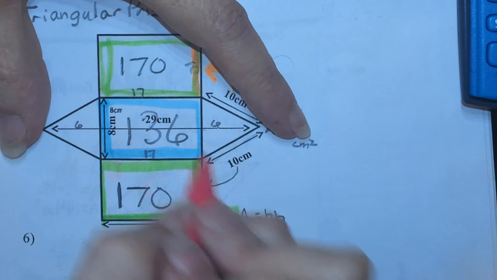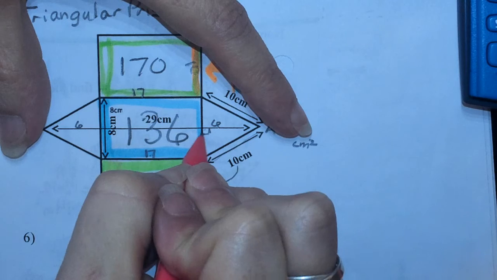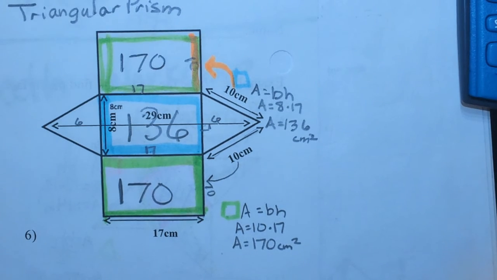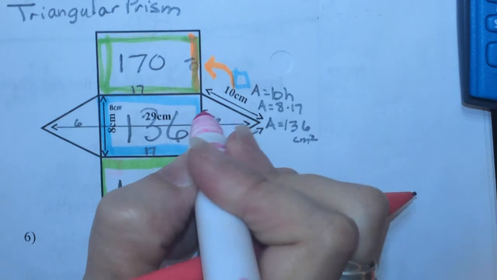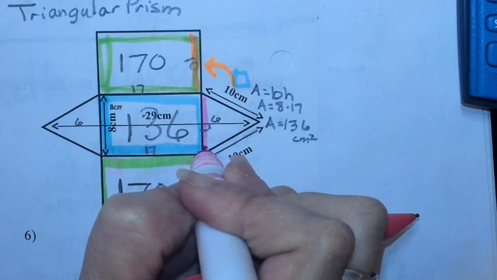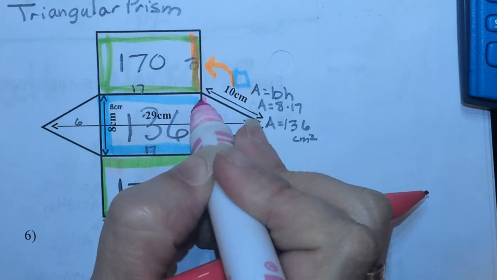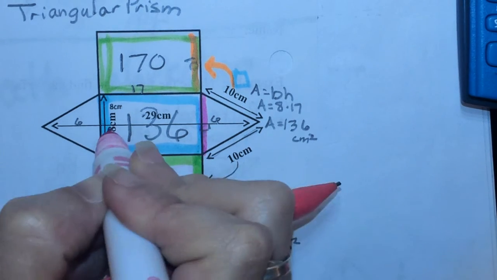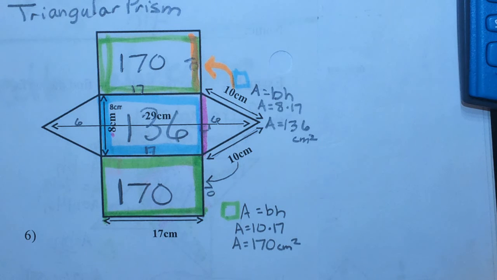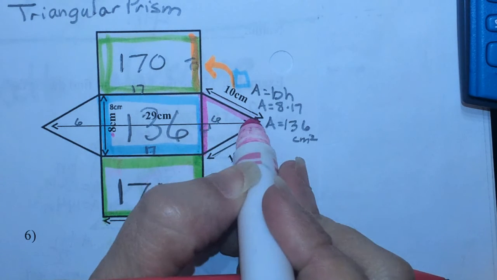Now, that base has got to be what I'm going to call this bottom number. I feel like I'm running out of colors. Here we go. So it's got to be this number. What is the number that goes with that pink line? 8. So that triangle is a 6 by 8 divided by 2.